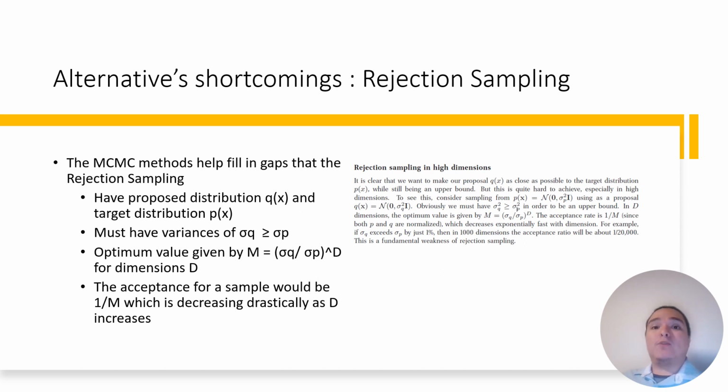Now, as you increase in dimensions, the probability for you to accept a sample decreases drastically. And so you're going to have to do more iterations in order to get a good number of samples that would help you get a good understanding of what the parameter actually looks like for the population.